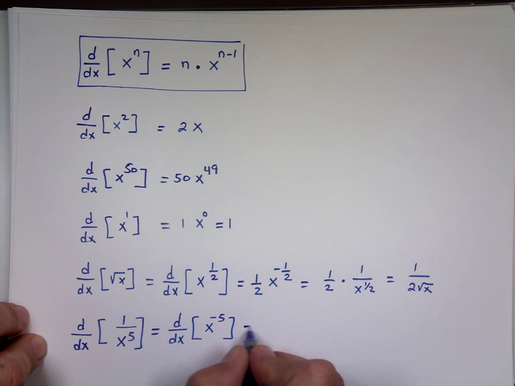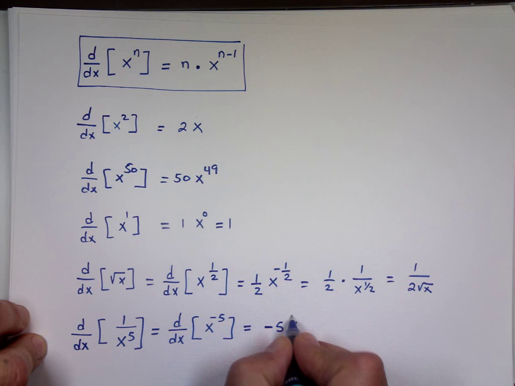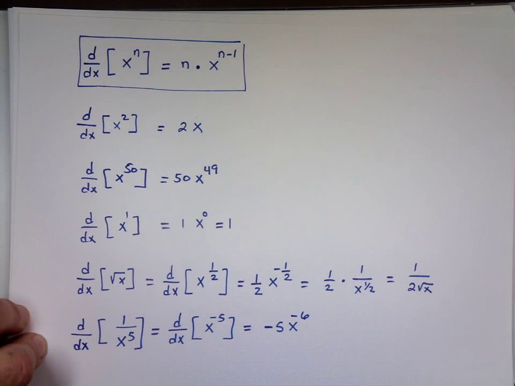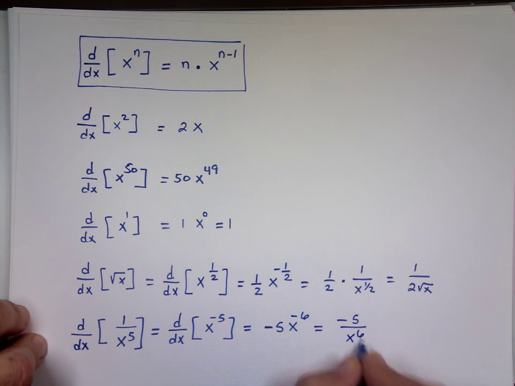Take the power now, which is negative 5, move it to the front, and subtract 1 from the power. What is negative 5 minus 1? Negative 6. You have to subtract 1 from the power. And again, if you want to rewrite that, that's negative 5 over x to the 6.